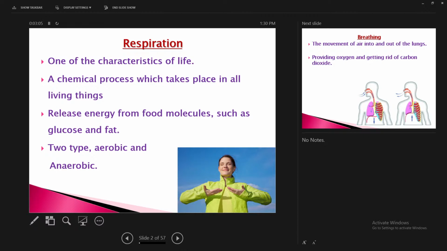It releases energy from food molecules, or we can say nutrients or food substances, such as glucose and fat. Glucose is the end product of starch or carbohydrate digestion.